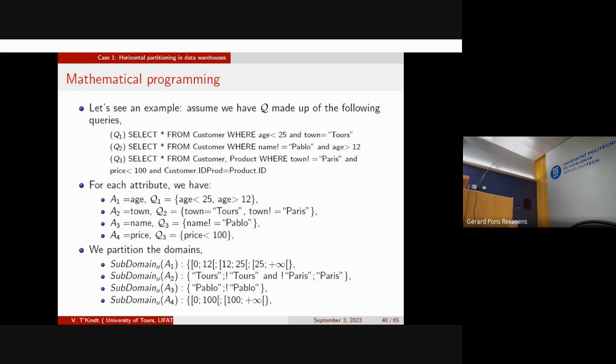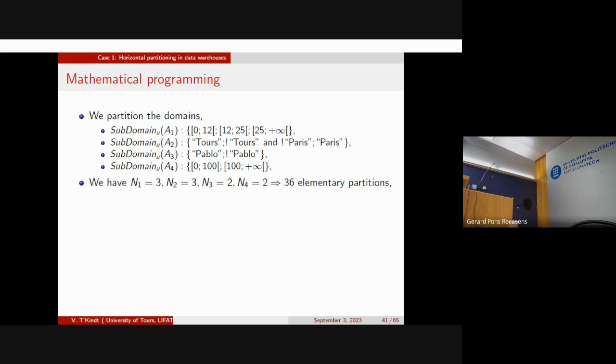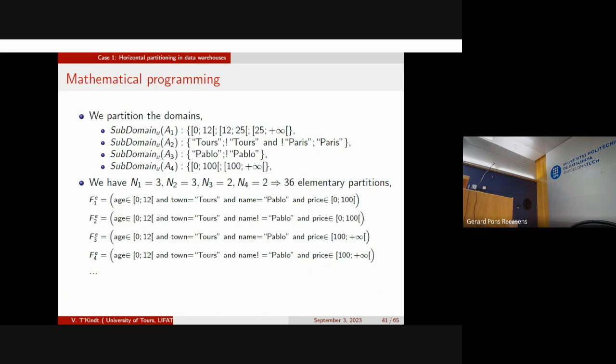So here we have 3 subdomains for attribute 1, 3 subdomains for attribute 2, 2 for attribute 3, and 2 for attribute 4, meaning that we'll have 36 elementary partitions: 3 times 3 times 2 times 2. We'll have all the possible combinations. So that's all the elementary ways to partition the tables. I will not list them, there are too many partitions. But that's the starting point.